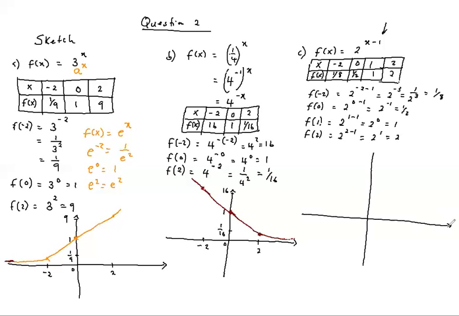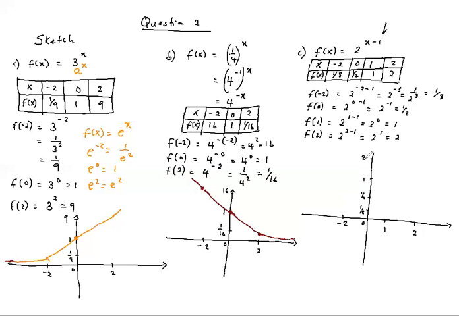So this time around, we have negative 2 here, we have 0, we have 1, and we have 2. So at 0, it's no longer crossing at 1 now. This time around, we have 1 over 8, we have 1 over 2, we have 1, and then we have 2.